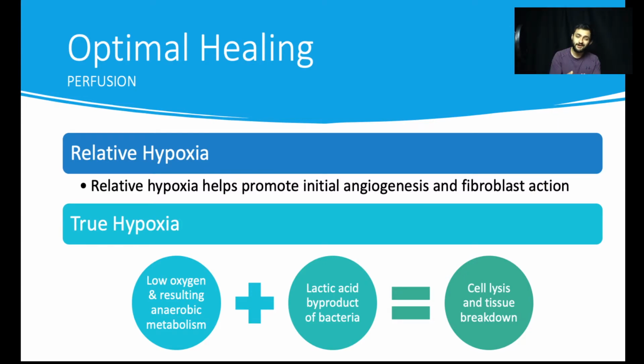Now, toss on top of that the lactic acid, which is the byproduct of bacteria, suddenly you're going to have cell lysis and tissue breakdown. Now, the cell lysis results in the release of proteases, glycosidases, and those go on to just digest the extracellular matrix.